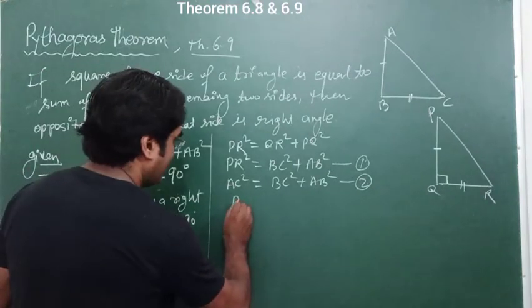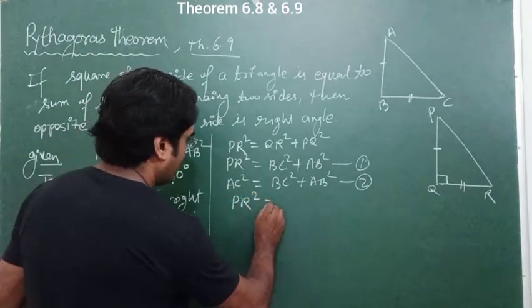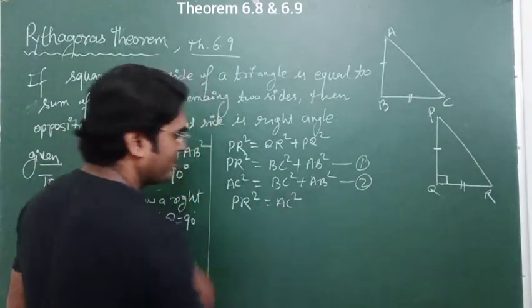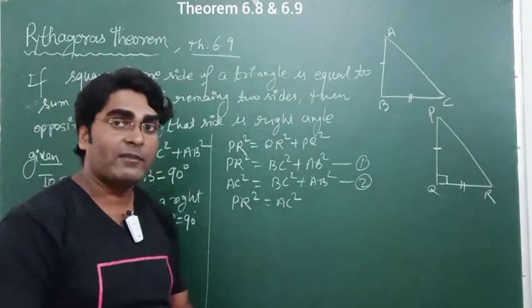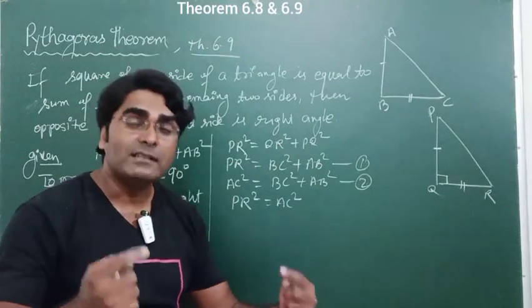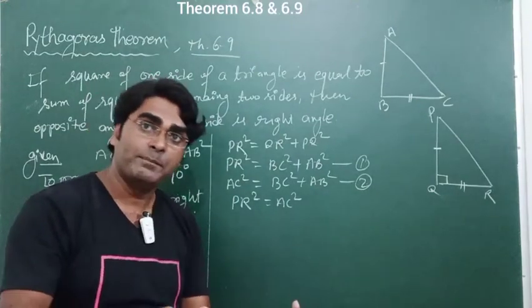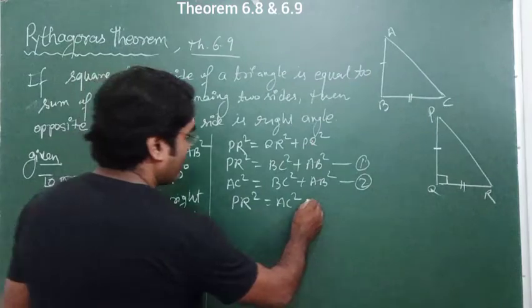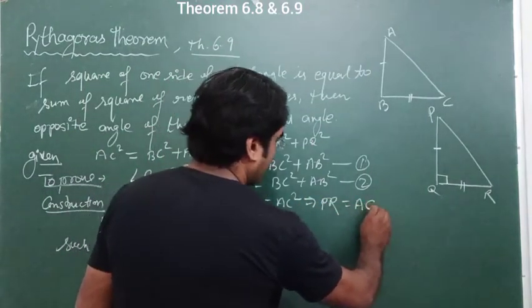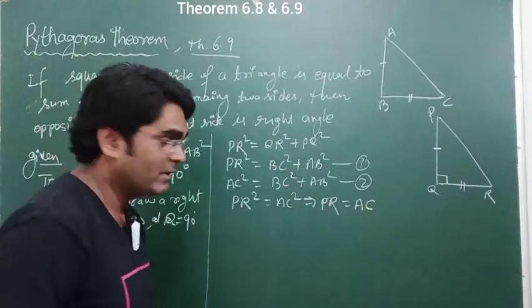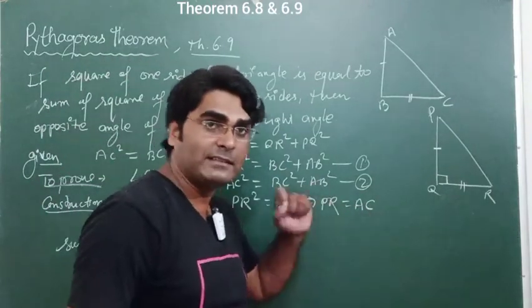So you can say PR square is equal to AC square. By taking square root on both sides, if the squares of two numbers are equal, then their square roots will also be equal. So PR is equal to AC. Any doubt? PR is equal to AC.